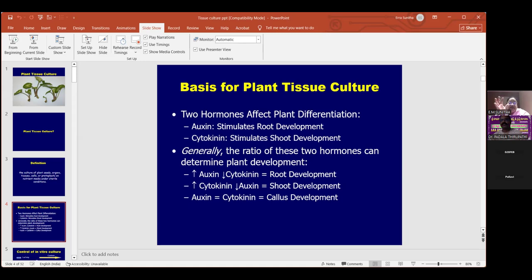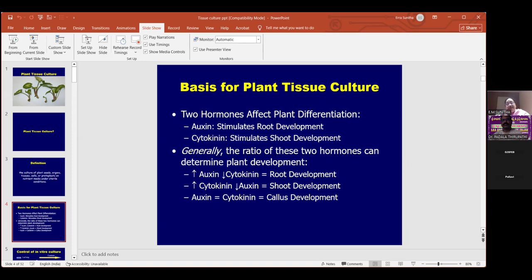If we study this, two different hormones play an important role in the development of tissue culture from whatever explant you are taking. What are those two hormones? Auxins and cytokinins. Auxins stimulate the root development, and cytokinins stimulate the shoot system.